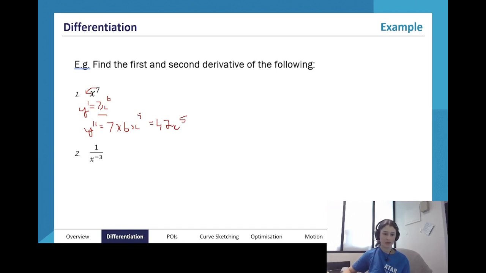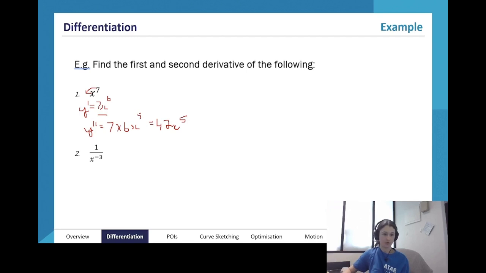Now, in this second question here, we're going to need to find the first and second derivative. This one is a little bit more complicated because we have our x on the denominator of a fraction. A tip, which I haven't written down on these slides here, for you guys in general when you're deriving and also when you get to integration, if you haven't gotten to it already: if you are deriving or integrating a function where x is on the denominator, you need to apply your index rules to get it up to the numerator, to get it in a format that you can derive or integrate.